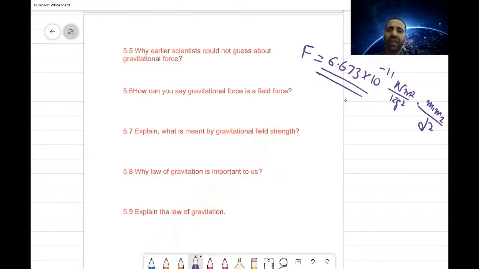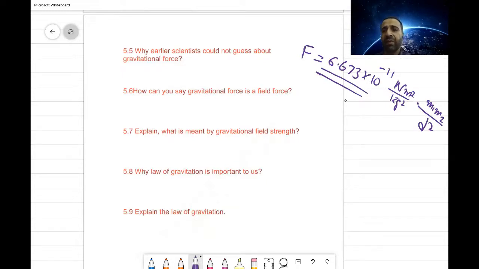You know that this force exists right from the big bang, right from the beginning. But the force is so small between ordinary objects that people usually cannot encounter it, and they cannot develop an idea about it.